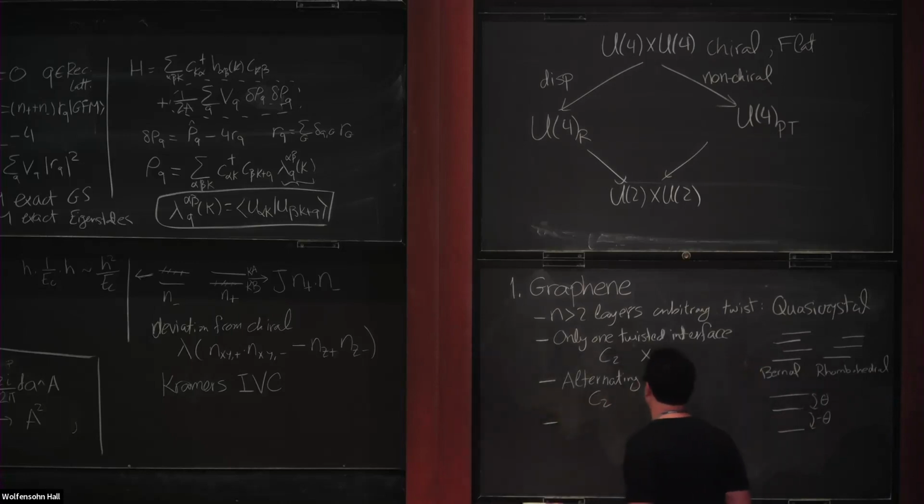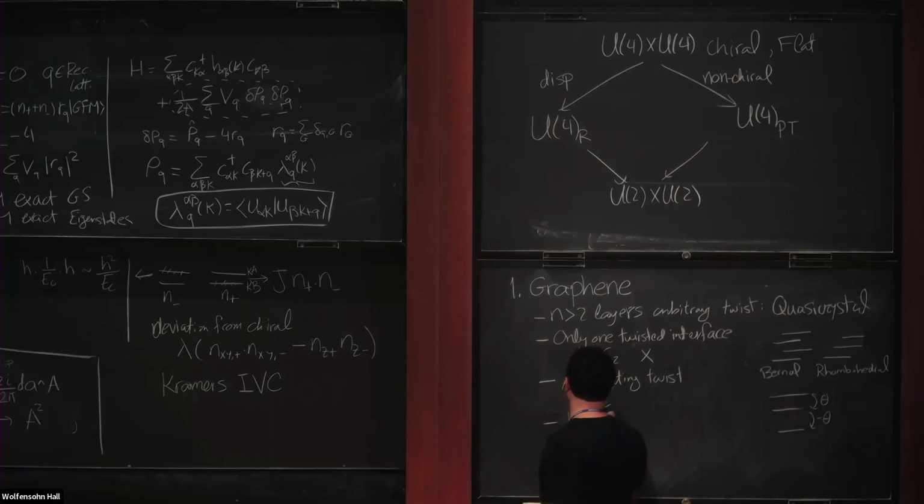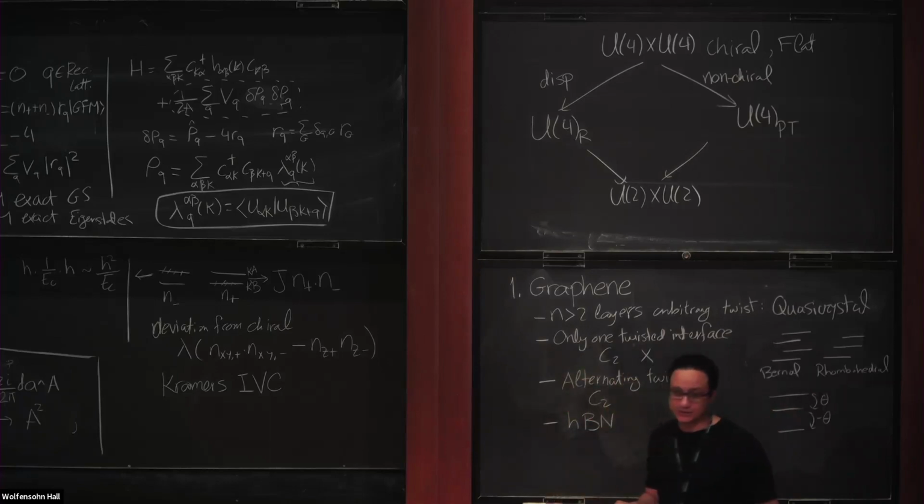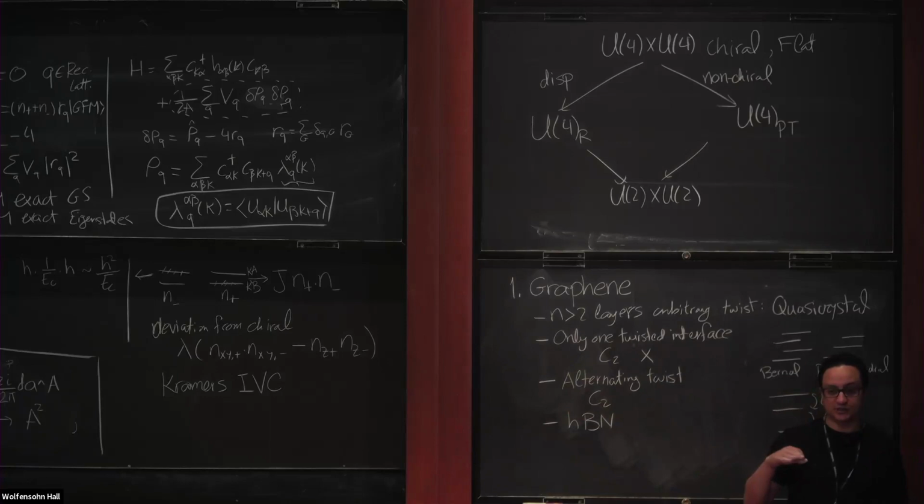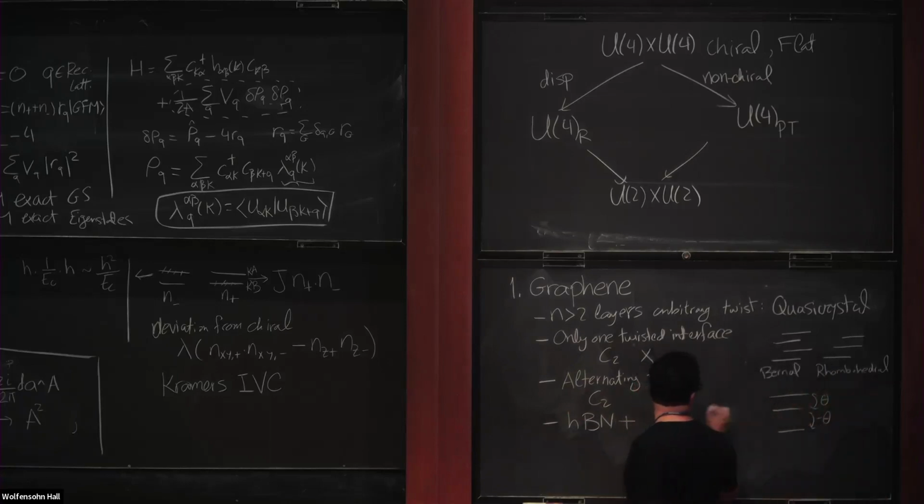There's also a system that also has a moire symmetry, but it has a different advantage, which is if you don't include any twist in the graphene layers, but induce the moire by having a so-called hexagonal boron nitride substrate aligned with your graphene, because this substrate has a slightly different lattice constant, it forms a moire with graphene, and then you can put this on top of a rhombohedral stack.